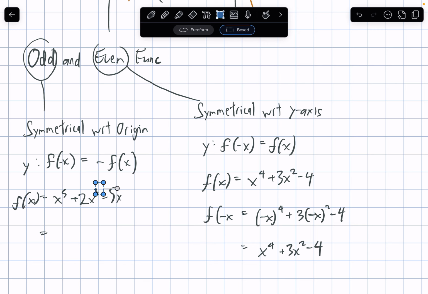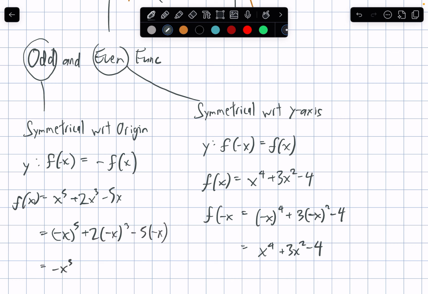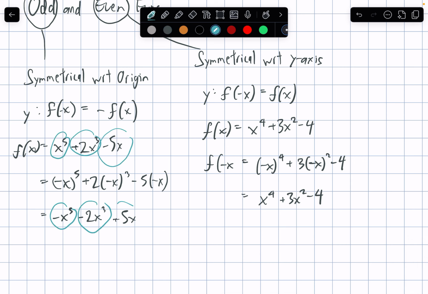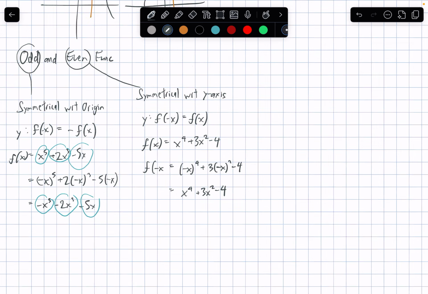So the degree being odd or even dictates whether the function is even or odd. It's going to be this, and then this, and then this. So it's basically the exact opposite in terms of the signs. So yeah, that's it.